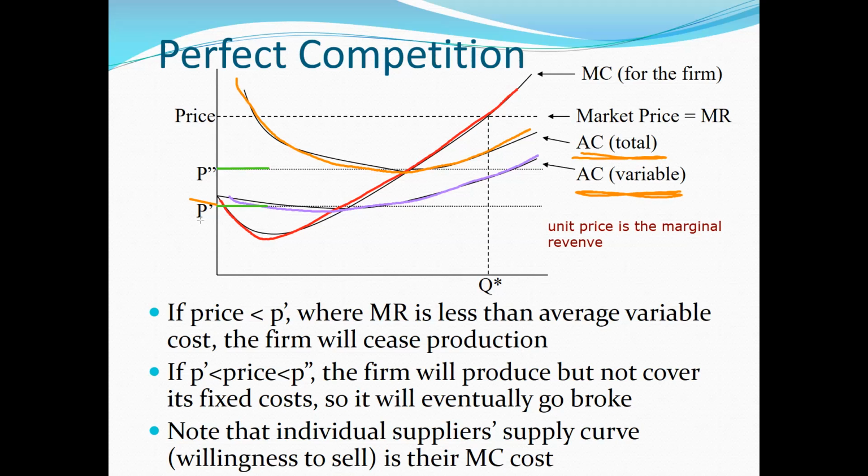What's happening is that, yes, the marginal cost of producing a unit exceeds the marginal revenue that they get out of it, but the difference isn't large enough for them to start recouping their fixed cost, the cost of building that factory. It's only when the price is over P double prime that they can keep producing and still recover some of their fixed costs.